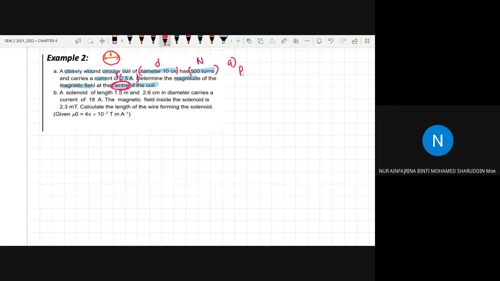So, formula untuk center of the coil adalah mu naught Ni over 2R. So, just substitute all the information you have. You know the mu naught is 4 pi times 10 to the power of negative 7. Number of turns is 500 and the current is 2.5 ampere. Bahagi dengan 2. And radius. So, awak ada diameter.